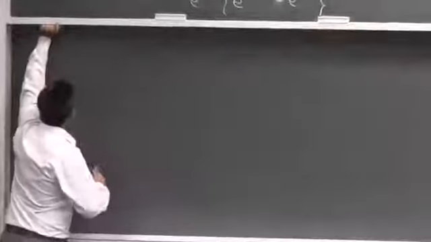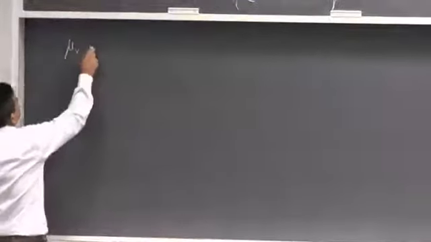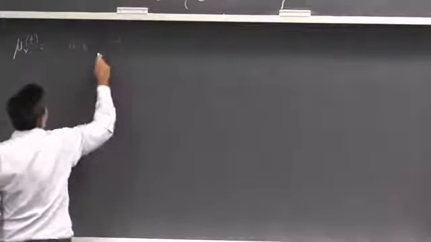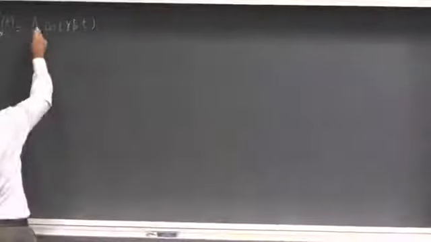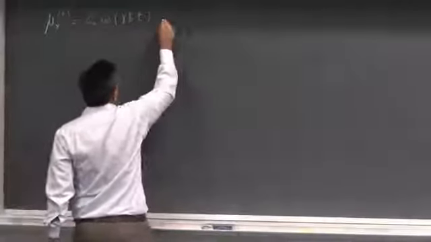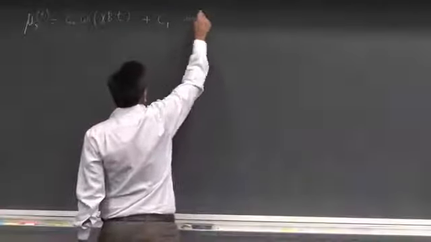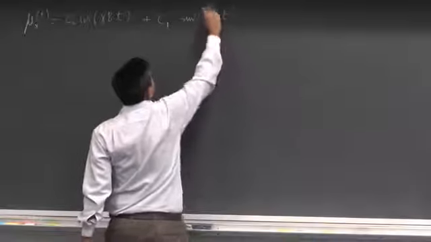So mu x, as a function of time, turns out to be some constant c0 cosine of omega t, where omega is gamma B, plus c1 sine of omega t. Correct? And I can use initial conditions such that c1 equals 0.